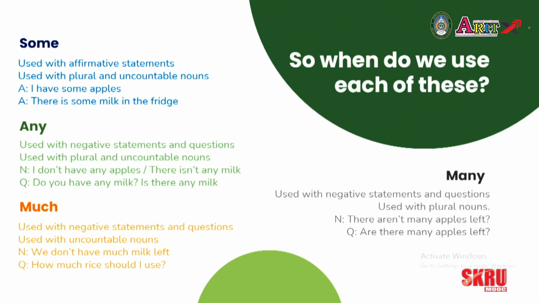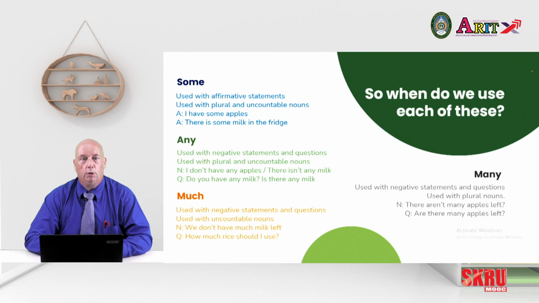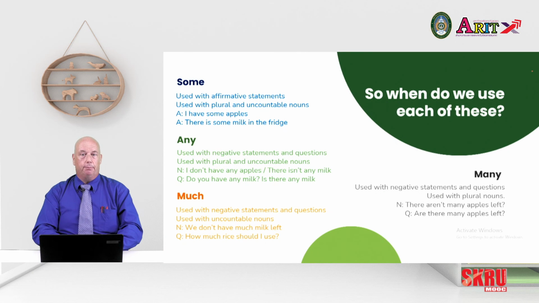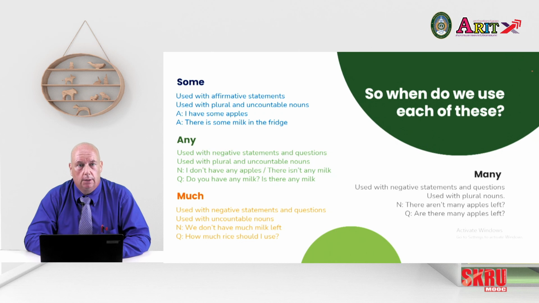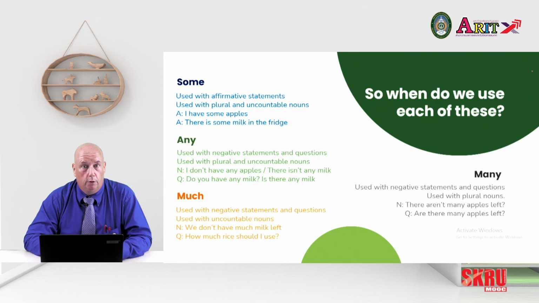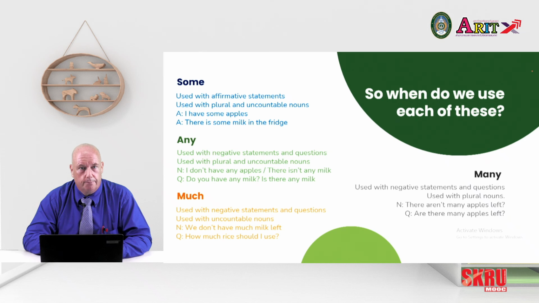I have some apples. There is some milk in the fridge. We wouldn't use it with singular. Any. We use these with negative statements and questions. And they're used with plural and uncountable nouns again, not singular nouns.